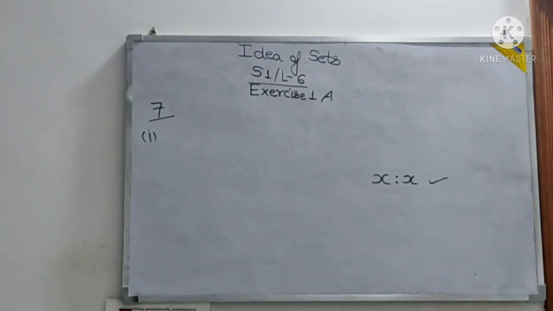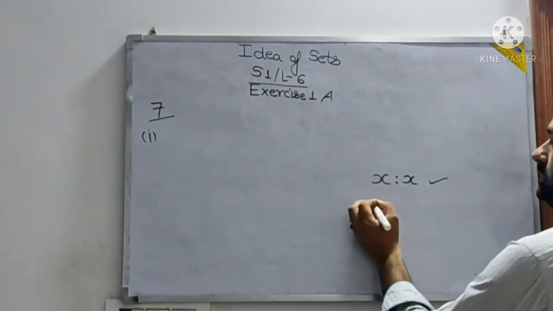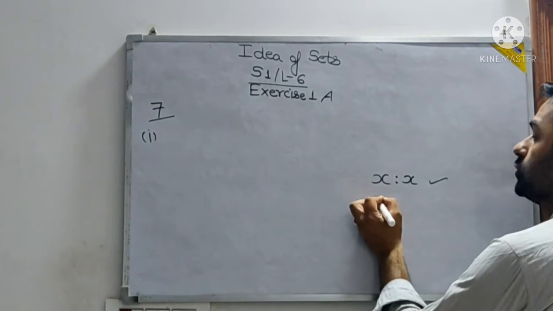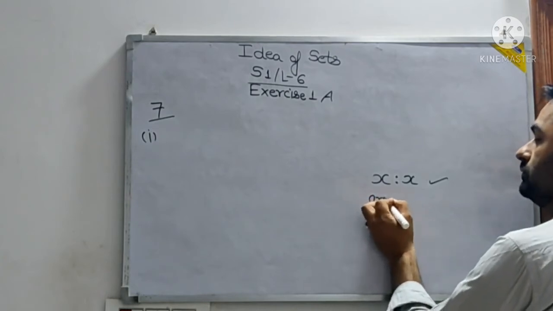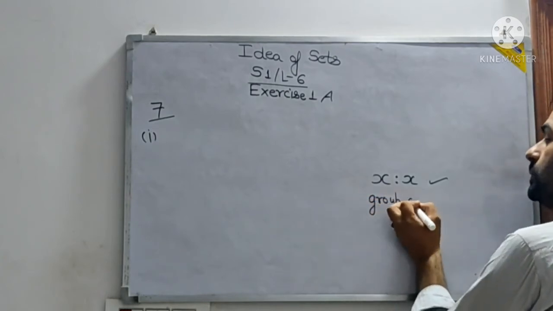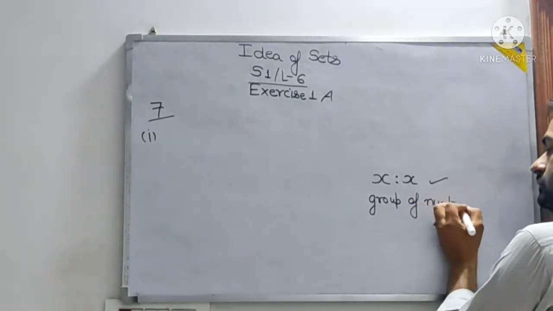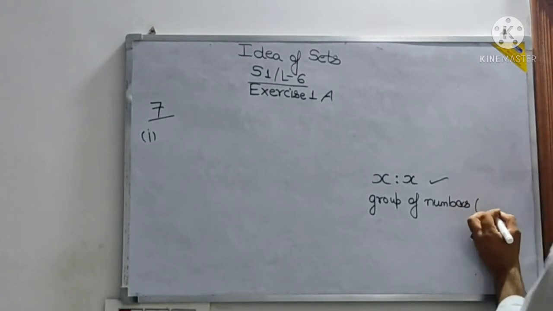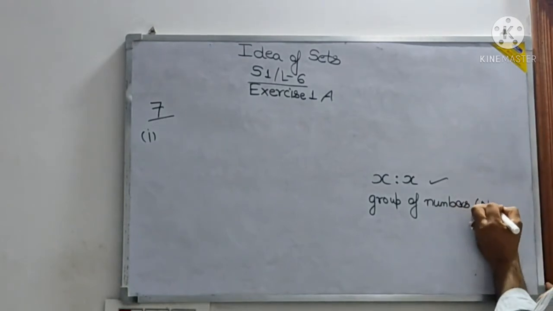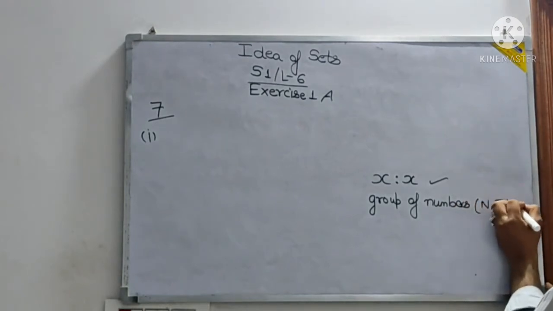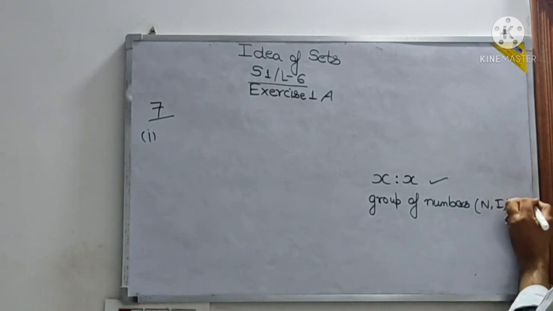Then we have to tell to which group it belongs. Group of numbers or family of numbers. That means natural numbers, integers, whole numbers and so on.